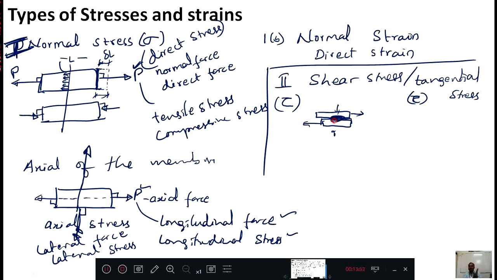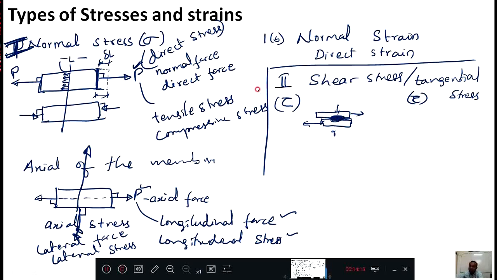That phenomenon is called shear. Then the resistance offered by the material to the shear force is called shear stress.